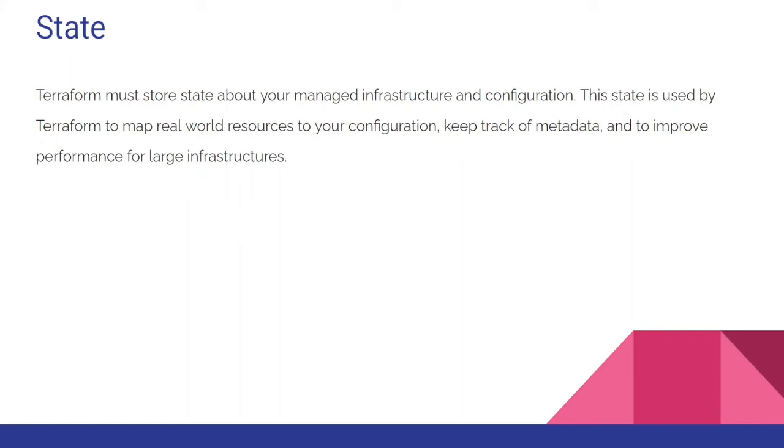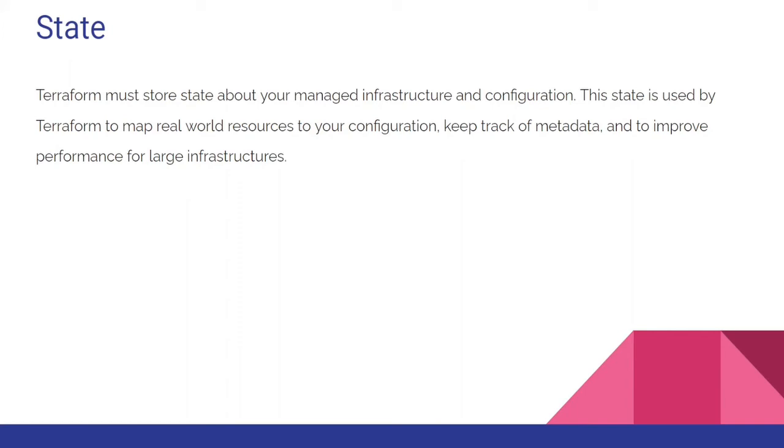Suppose you are writing your Terraform script for the first time. At that time it doesn't have any state, it doesn't maintain the state, so it will be kind of an empty state for Terraform. But after one execution, Terraform generates one state file to compare all those upcoming changes with the previous one, and on the basis of comparison it decides whether any action against the infrastructure has to be taken or not.